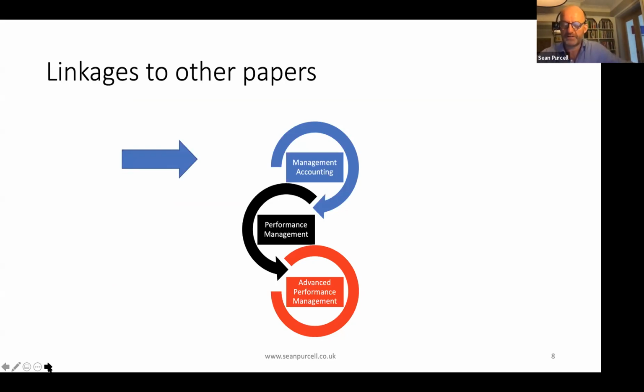And then at the applied skills level, you got involved in performance management. There was some application at the performance management level, but at the strategic professional level, where advanced performance management sits, it takes a step further again.